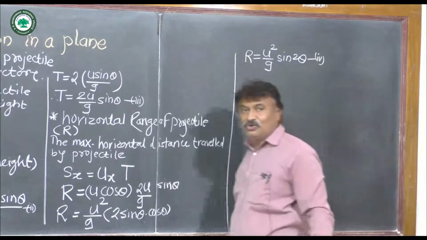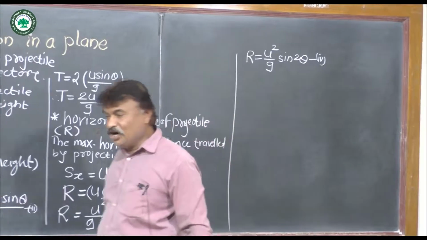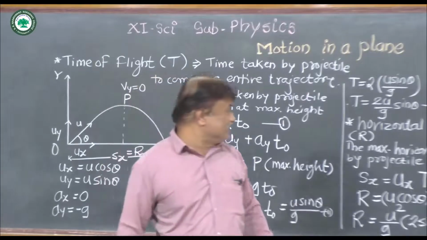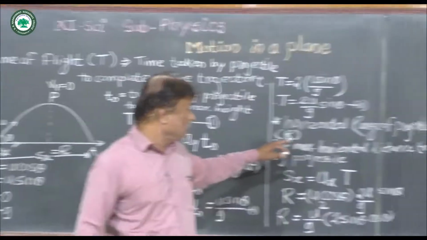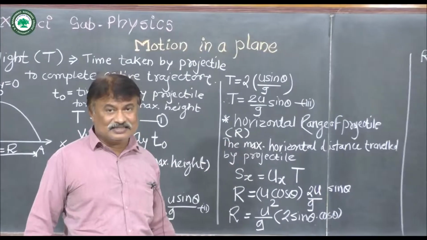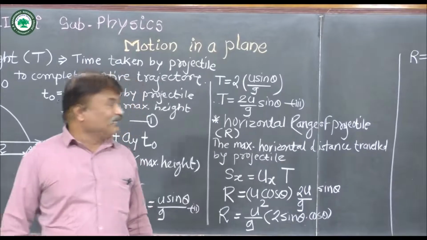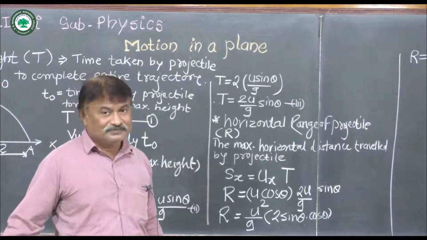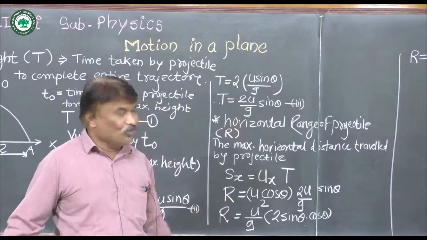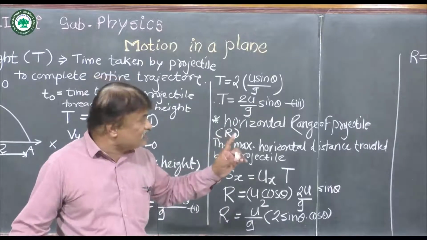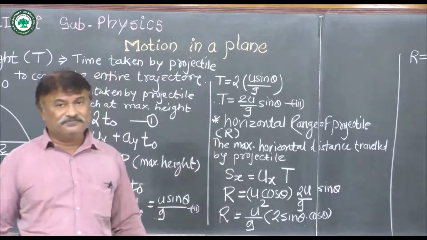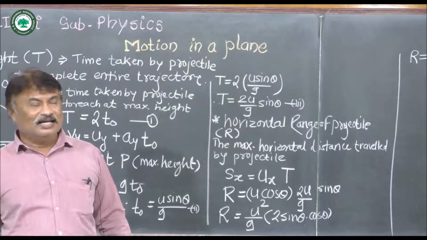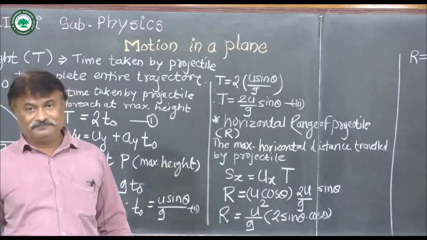This equation 4 gives us range of projectile, but we have to find out maximum range or maximum horizontal distance, and for that purpose we have to concentrate on theta. In equation 4, again u is the initial velocity, g is the acceleration due to gravity, and theta is the angle of projection.